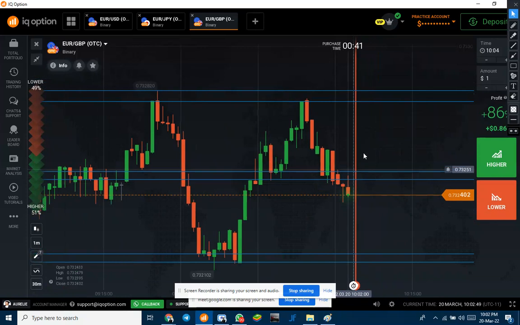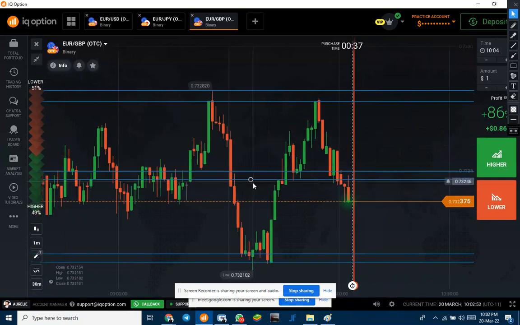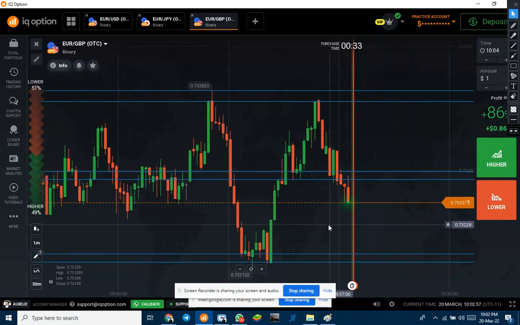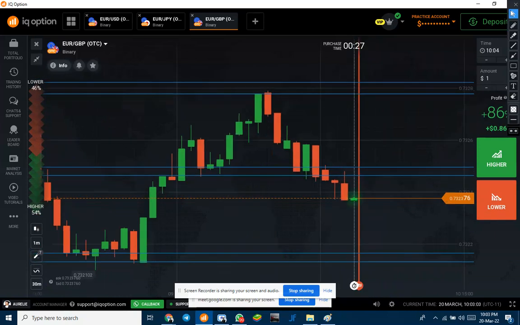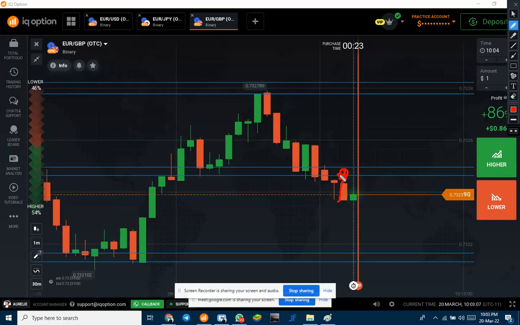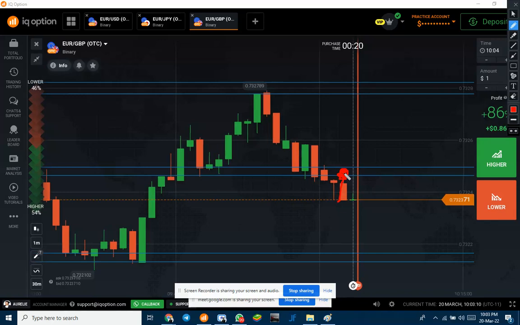You know what I mean by spring? Smart money traders: you draw a level, you draw a support level, and the market just reverses, touches the level, and breaks the level, and immediately reverses. That's what I mean by a spring. You can see that I decided to go with buyers, but it was trapped here. They got rejected.